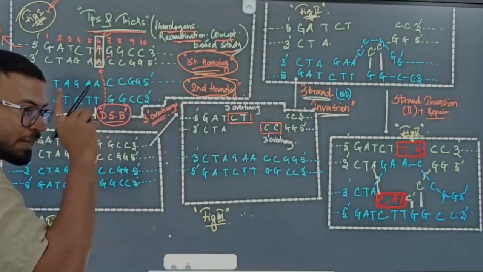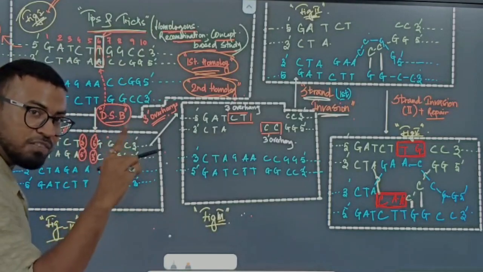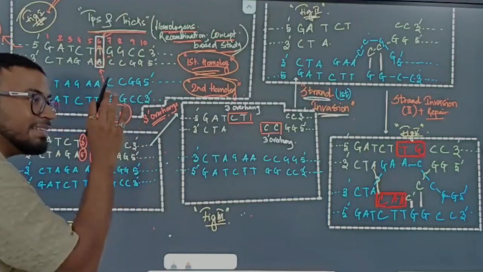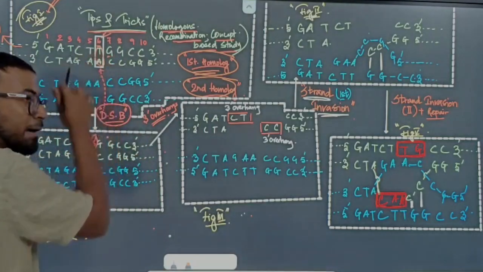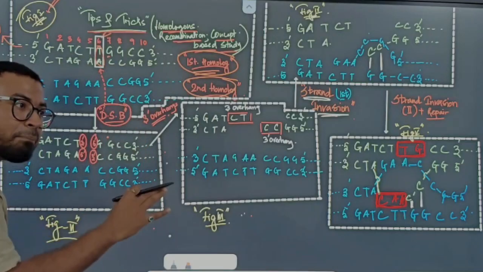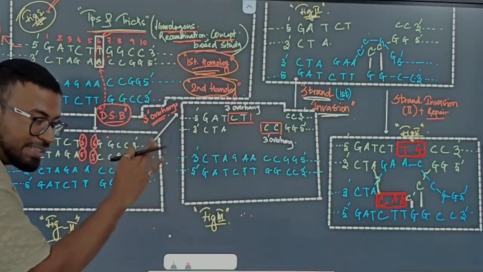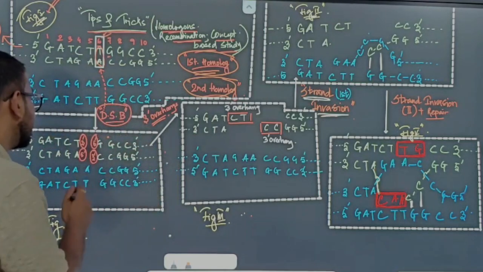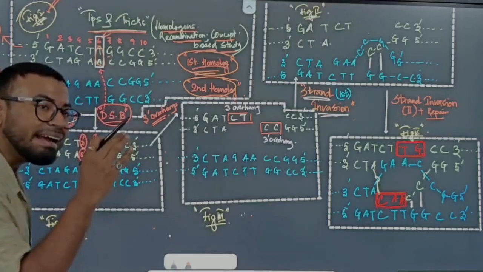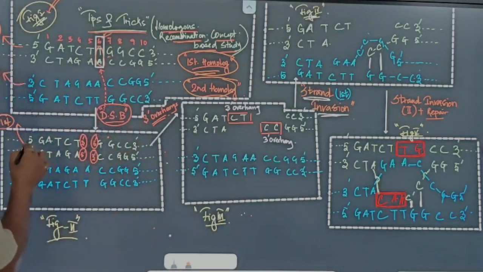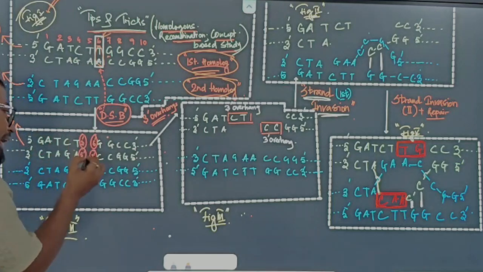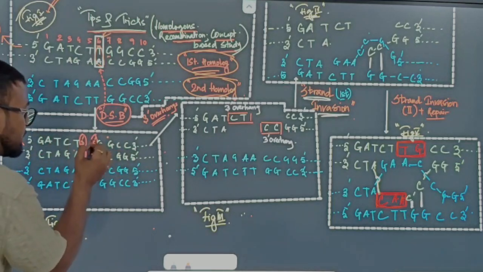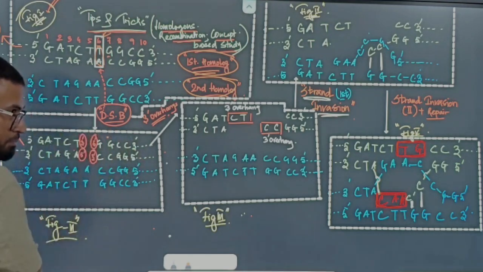So first thing, double-stranded break in one of the strands. As the double-stranded break has occurred, there lies a gap, and due to that gap, we can assume for a single homolog that this gap has generated a kind of polarity. That means 5' GATCT 3'. Again, from the second part, 5' GGCC.